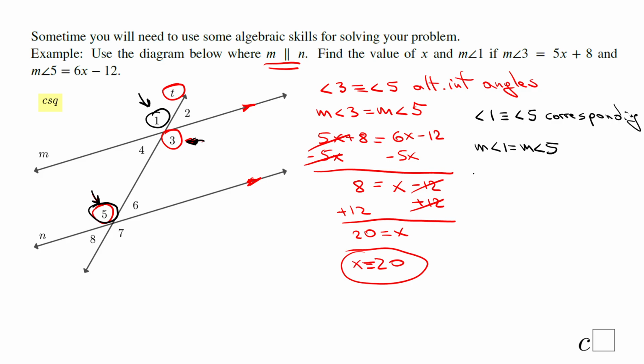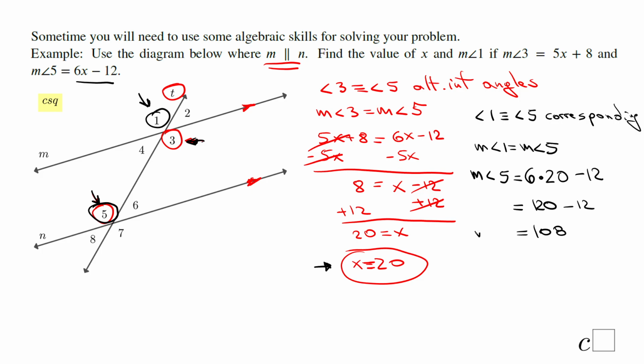Of course, angle 5, if you take a look, is 6x minus 12, so 6 times 20, because that is how much x is. 6 times 20 is 120, minus 12, that will be 108.